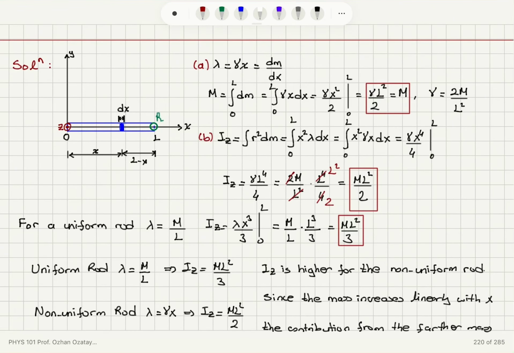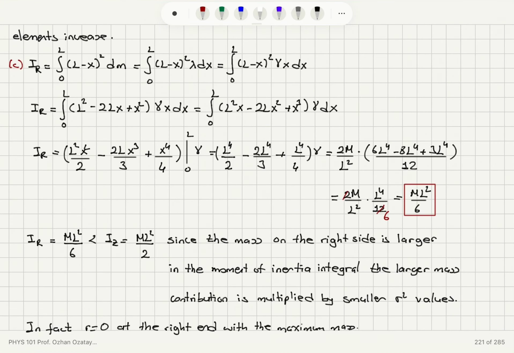And if we put the rotation axis at the right end, now when we are at position x, we are at a distance L minus x with respect to this rotation axis. So we perform the integral again, being careful with the distance between the rotation axis and the mass element being L minus x. So we obtain mL squared over 6.